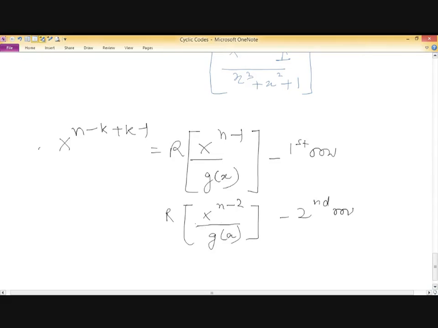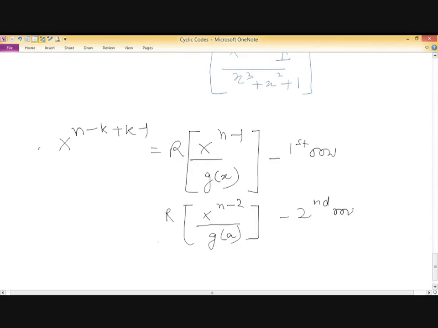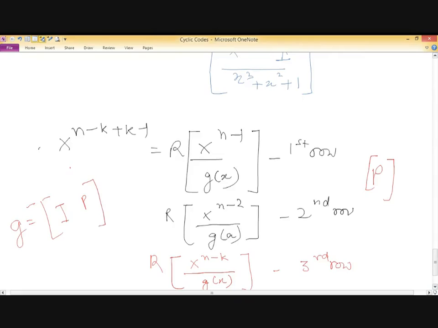And so on, till last, that is remainder of x to the power of n minus k upon gx. ये सारे के सारे p मिल रहे होंगे. This will be giving you p matrix, और g matrix होता क्या है? G matrix is I p. So you can formulate a G matrix using this.